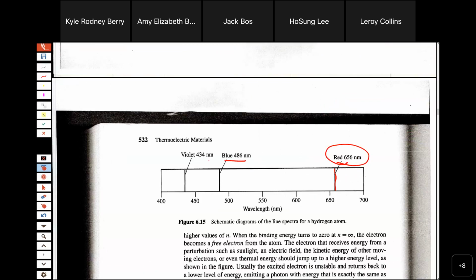So this color actually indicates the electron going from a high quantum number level to a low quantum number level. So this is hydrogen.